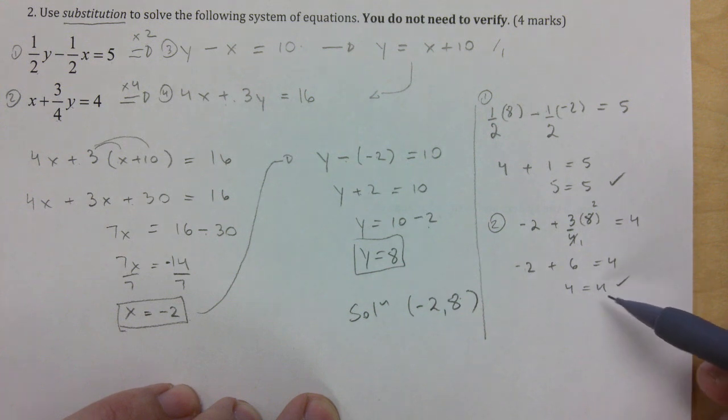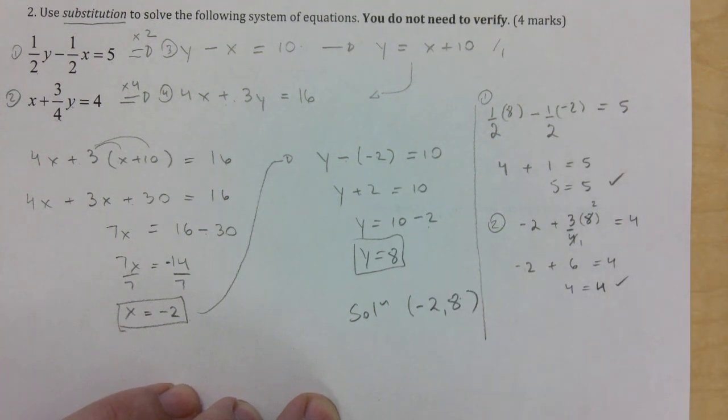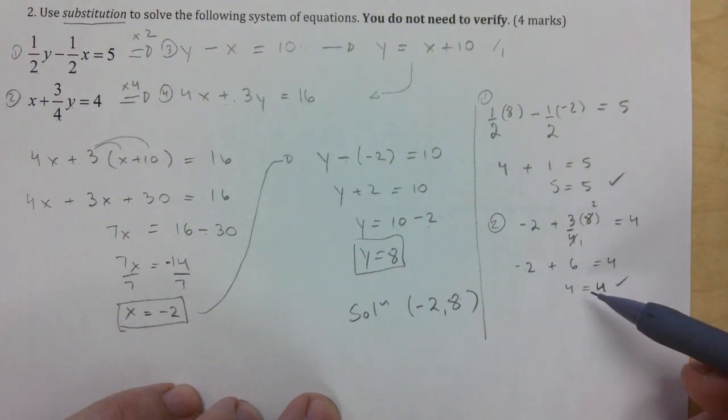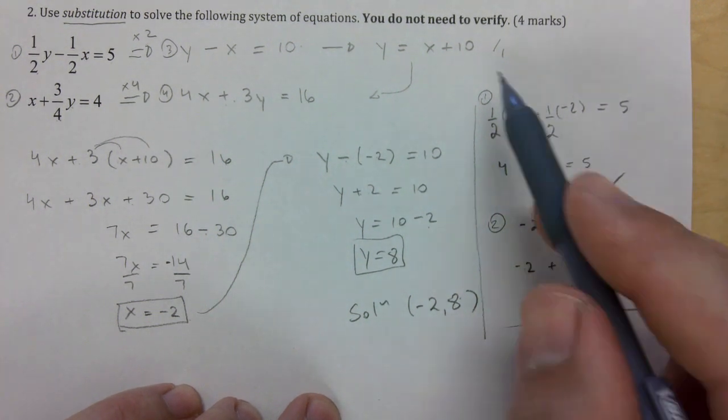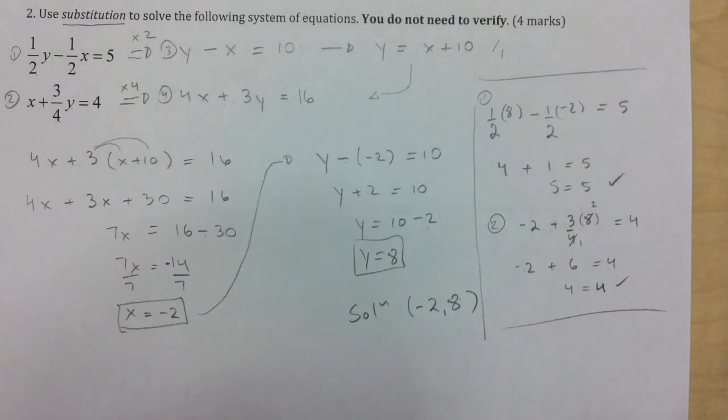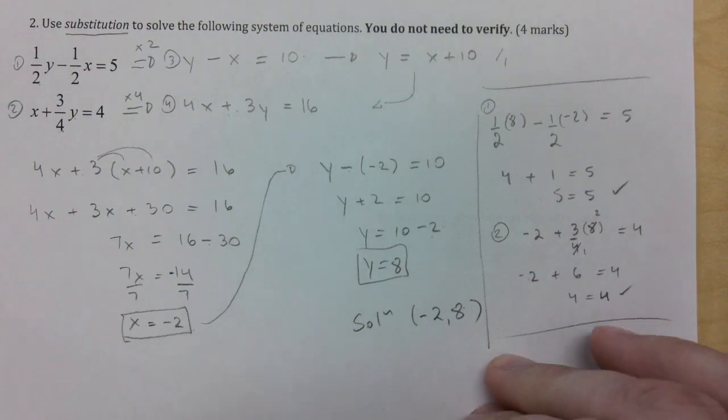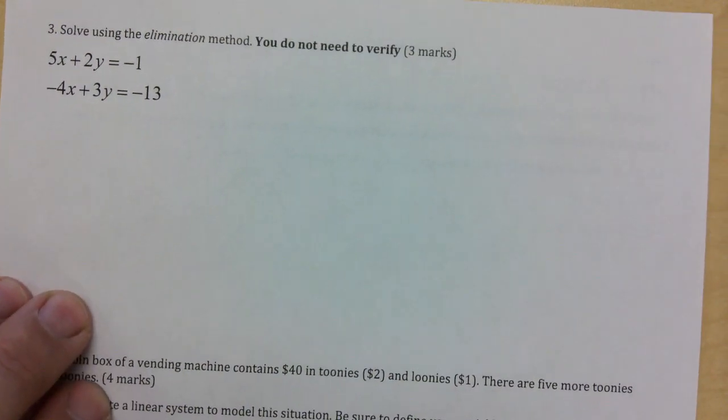If it's not equal, you got to put a line across. If I ask you, is this point a solution, verify, you plug it in, and if they're not equal, you got to make sure you cross it out, okay? But this verifies your solution. I would strongly recommend you do it regardless, if you have the time. Maybe come back later and verify to make sure you got it right.